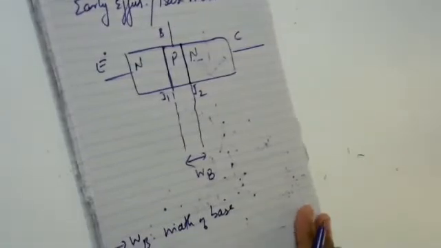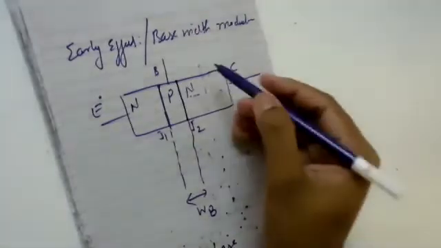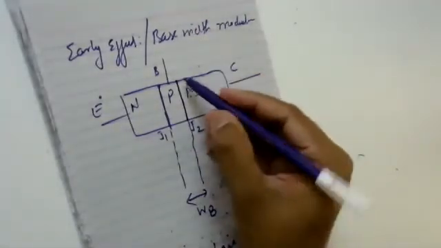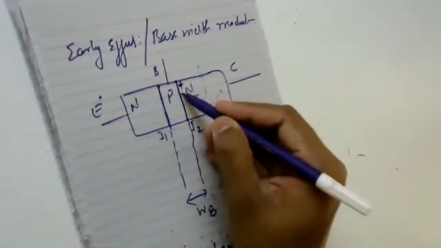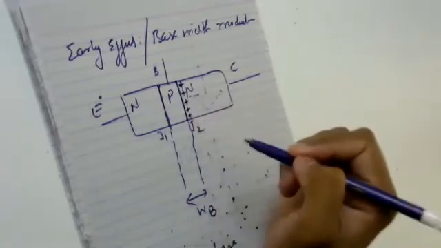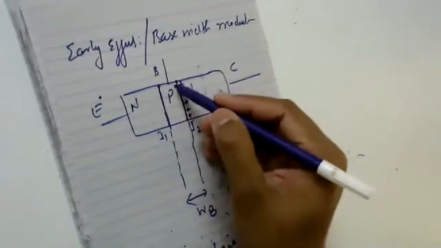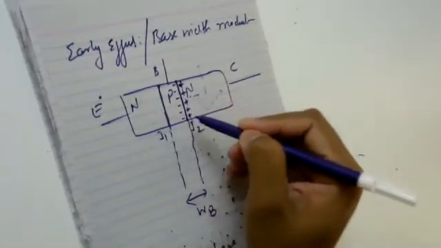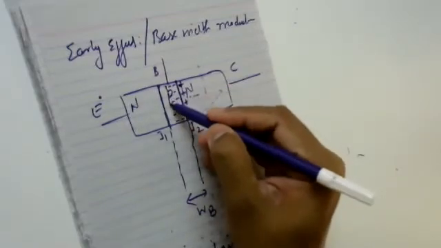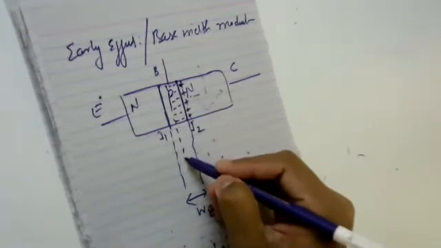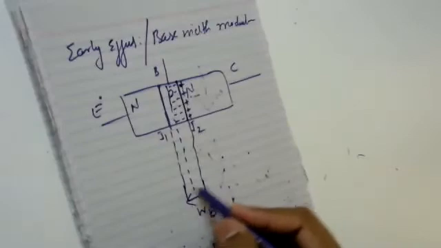So on this base, since this is the N side, you'll have some holes as minority carriers standing on the junction, and on this side, since it's a p-type material, you'll have electrons as minority carriers standing on this junction. Let me show some dotted lines. So this is WB, the width of the complete base.